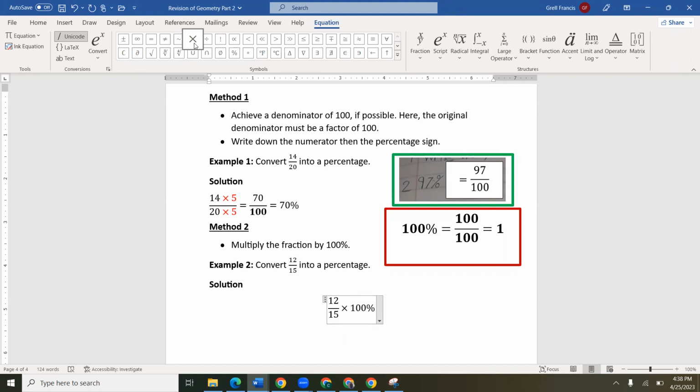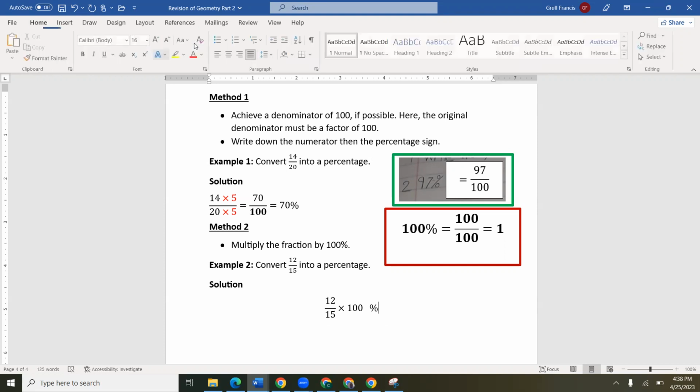But we are multiplying 12 over 15 by 1, written as 100%. So what we can do now is slide this 100% a little away and focus on the multiplication by 100. This is the same as, and that's what is commonly done.